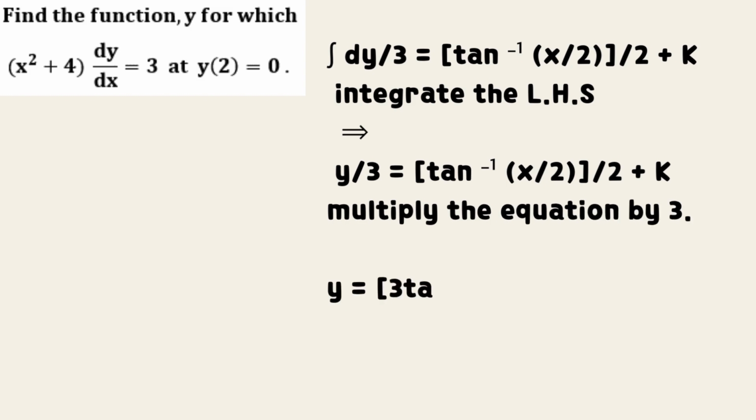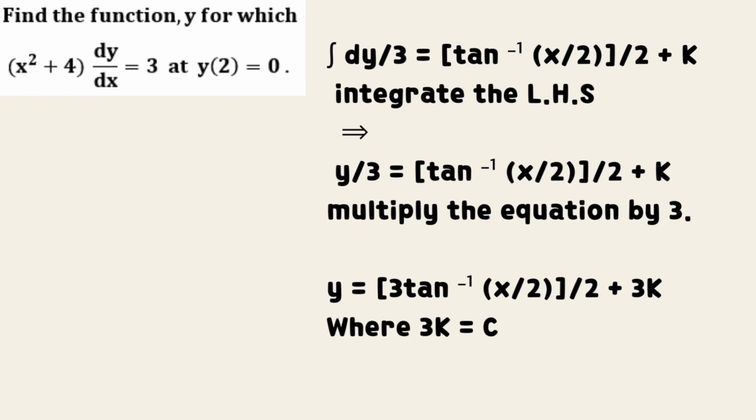Multiply the equation by 3 to clear the fraction and we have that y equals the sum of the product of 3 over 2 and the tan inverse of half of x and 3 times k, where 3 times k equals c, the constant term of the integration.